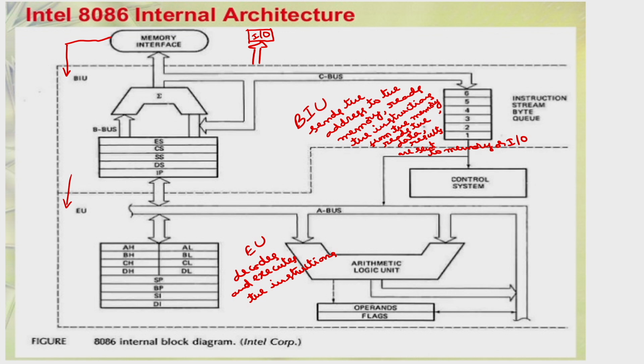While the execute unit is executing the first instruction, the bus interface unit fetches several instructions, up to 6 instruction bytes. It prefetches and stores them in a temporary location called queue. This queue is a first in first out register set, and in total we have 6 registers.